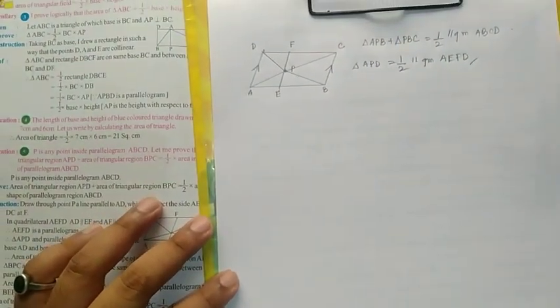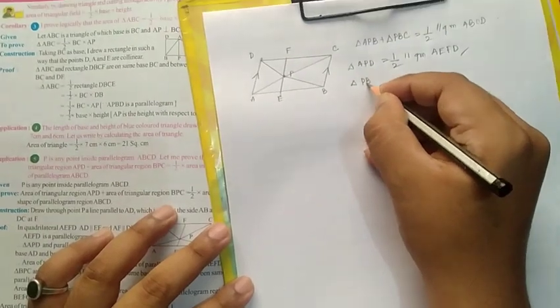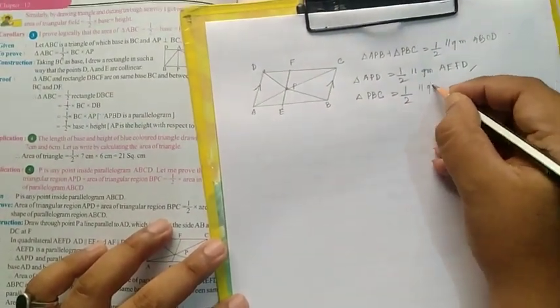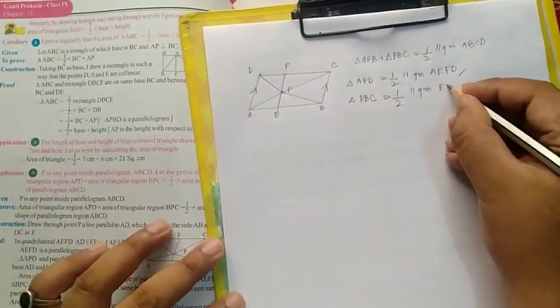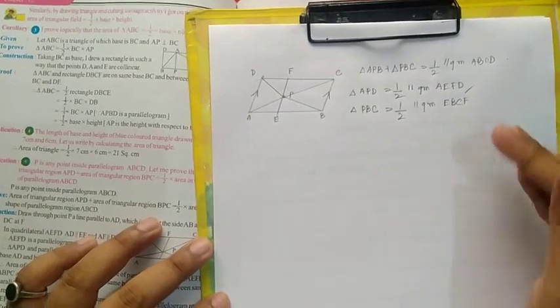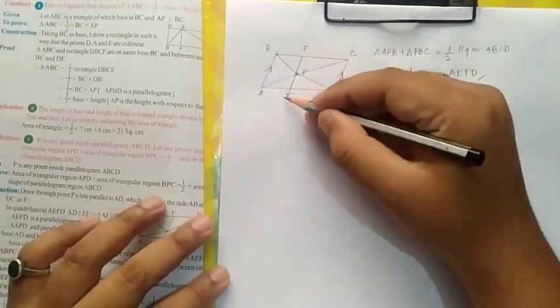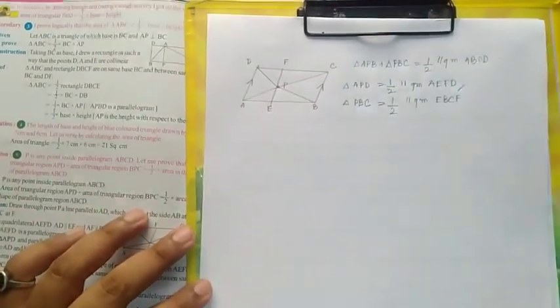I write that. And the second thing is triangle PBC equals half of parallelogram EBCF. This is triangle PBC and this is parallelogram EBCF. Both are on the same base BC and between the same parallels.